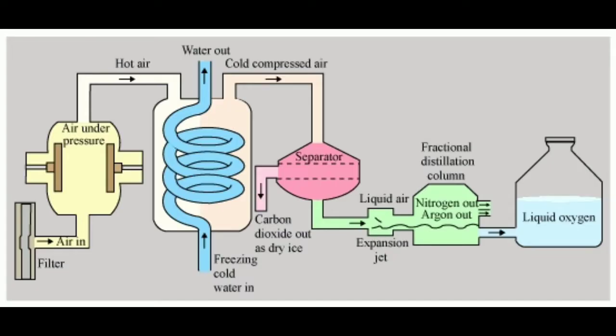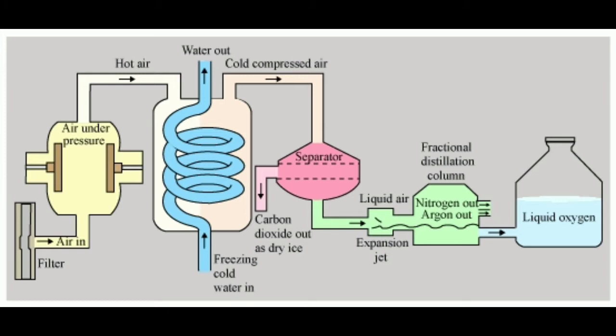Next we pass on to the next topic, separation of components of air. Air is a homogeneous mixture and can be separated into its components by fractional distillation. And the apparatus used to separate various gases from air can be seen here. First, we take air, it is compressed and cooled by increasing the pressure and decreasing temperature in the first chamber.